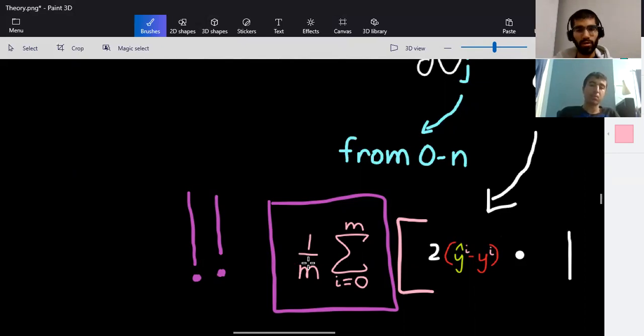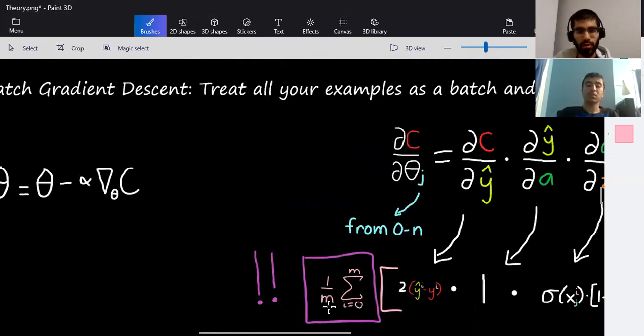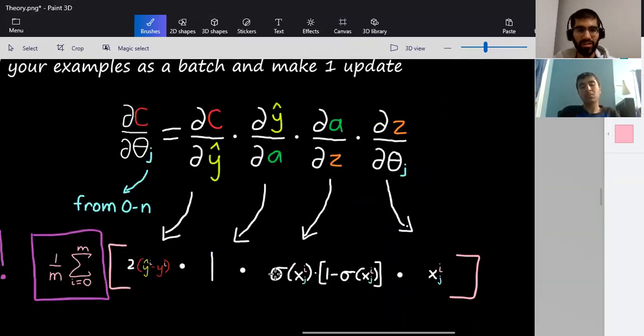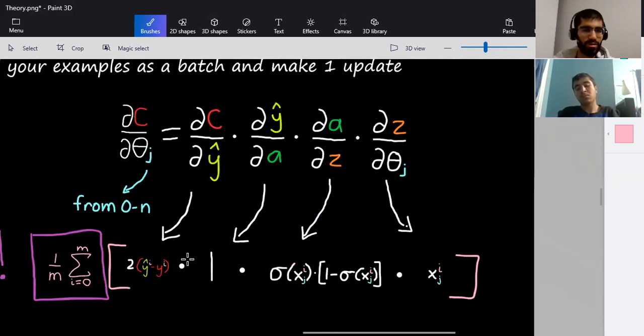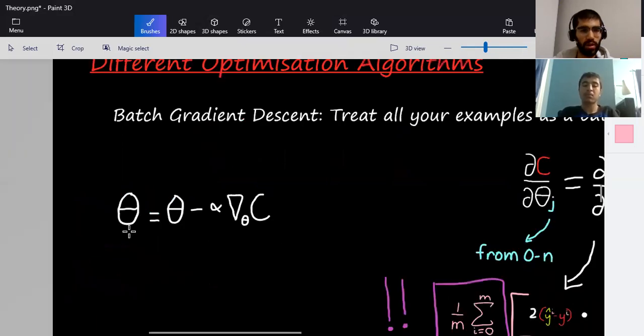So imagine, these days we have hundreds of thousands and millions of training examples. Not only do you have to go through all of the parameters from 0 to n, and a neural network can have millions of these, then you have to calculate this for 1,000,000 examples. That's like 1,000,000 squared. That's a lot of calculations to make, all so that we can do one step of this.